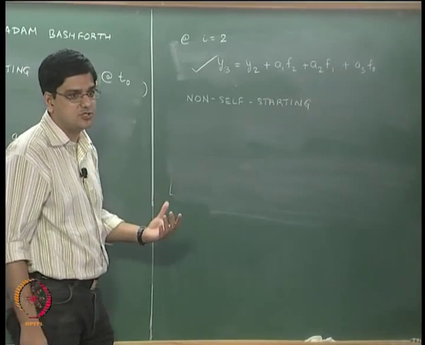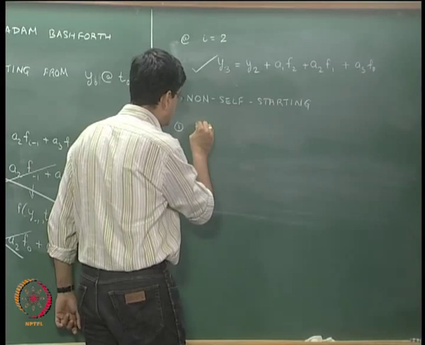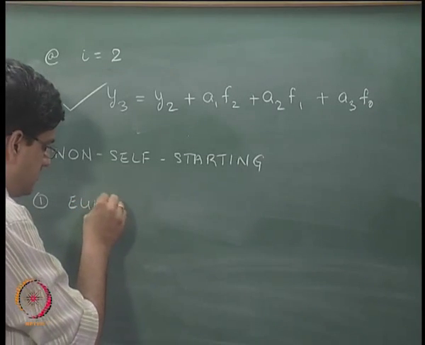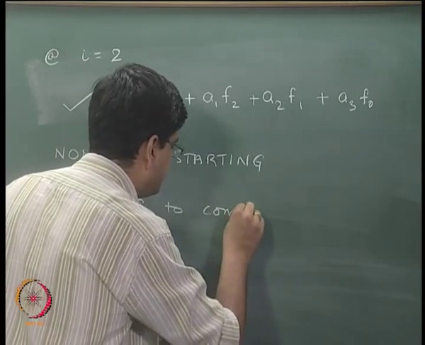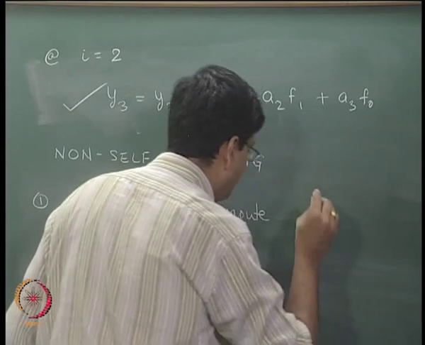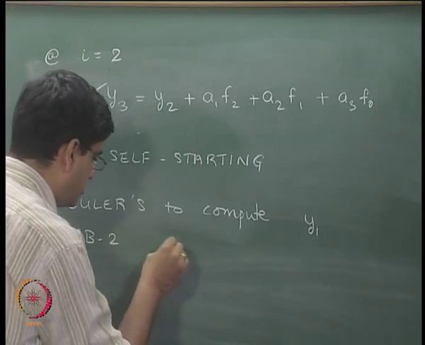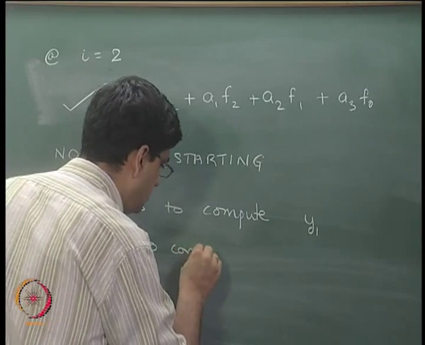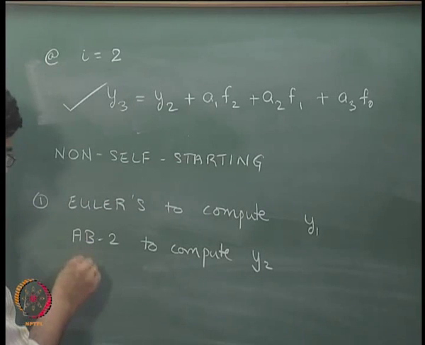So what is the solution? There are various ways to do. One is you can use the Euler's method to compute y1. You can use Adam-Bashforth second order method to compute y2, and so on.